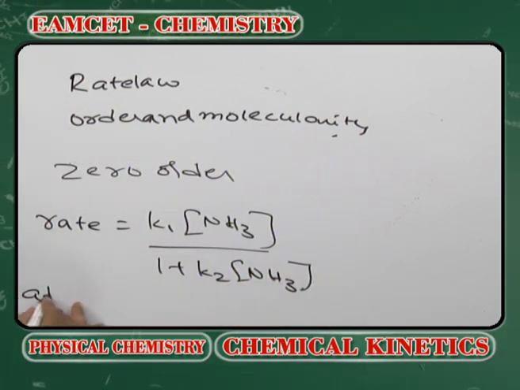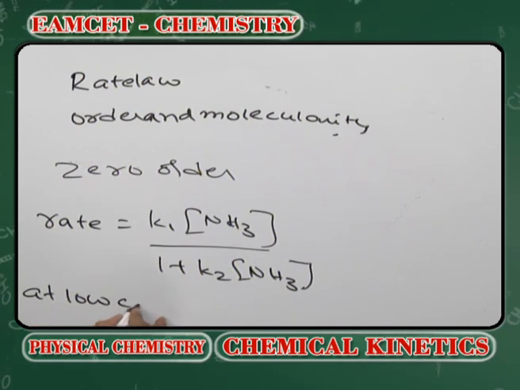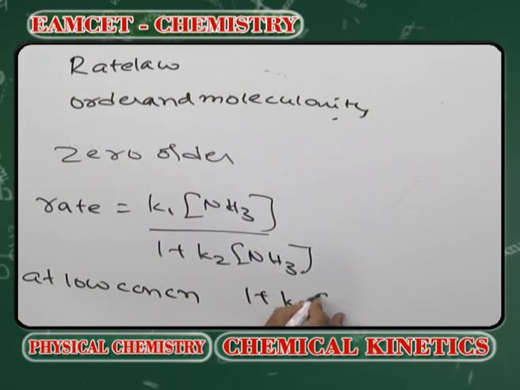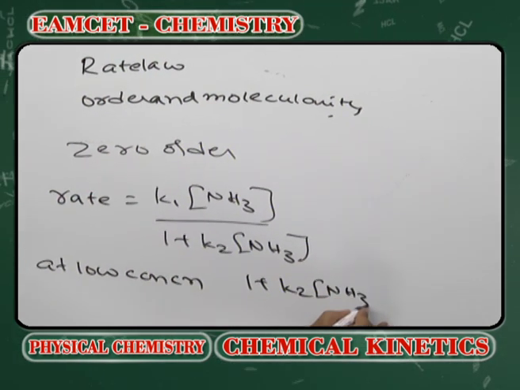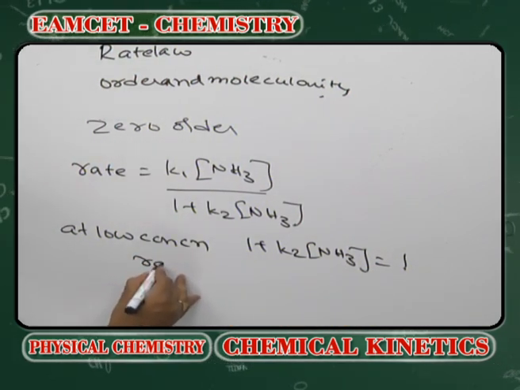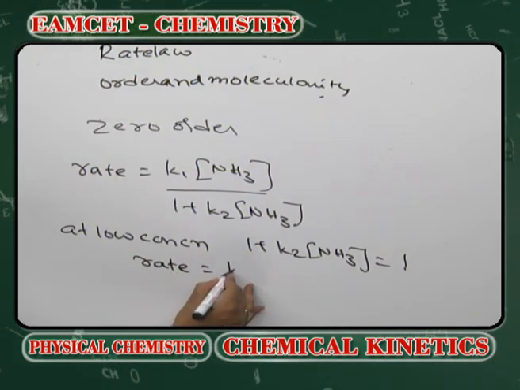At low concentrations, 1 plus K2 into NH3 will be equal to 1. Then rate will be equal to K1 into NH3.